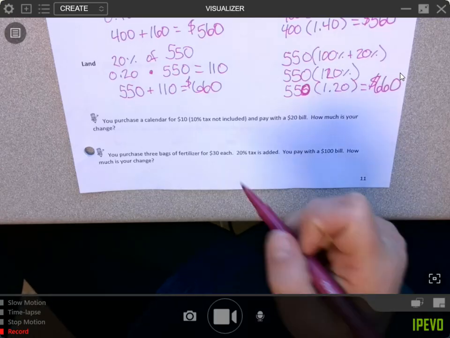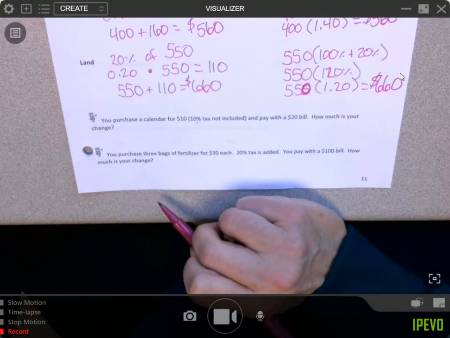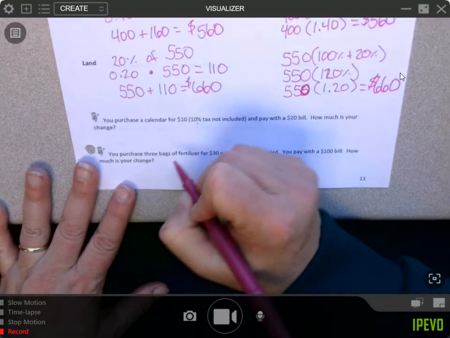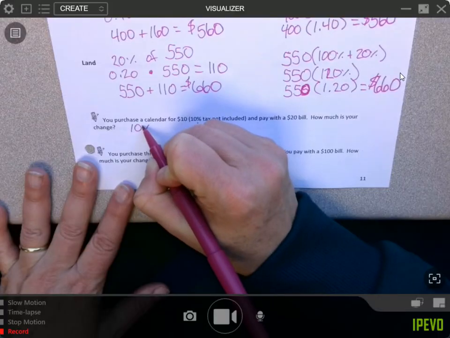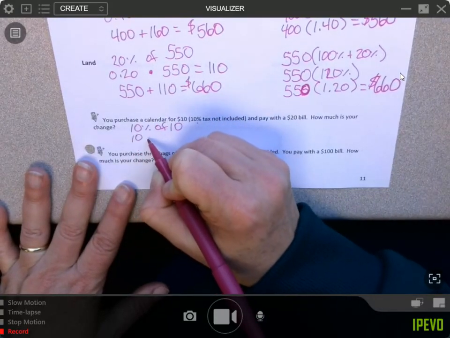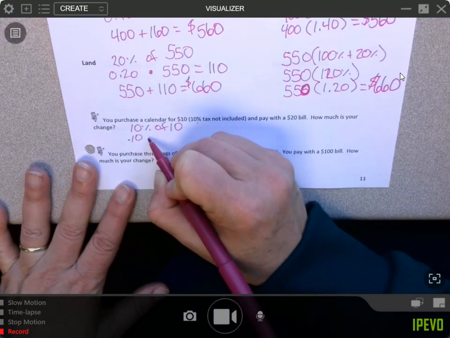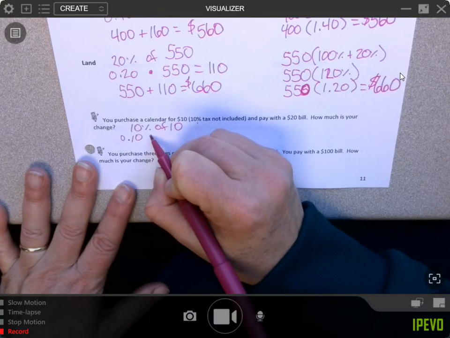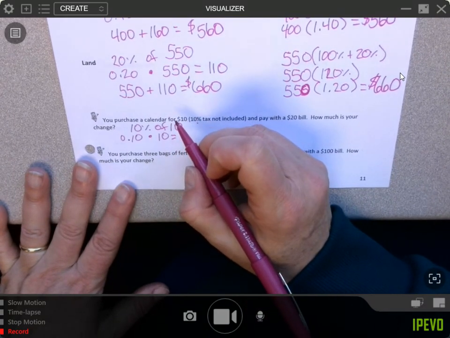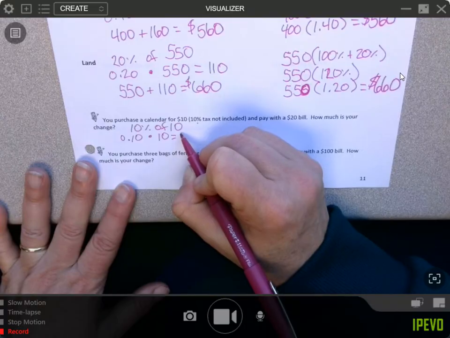So our first thing to figure out is how much that 10% tax is. So how much are we going to pay all together? We could do it either way. 10% of $10, so that would be 0.10 times 10, which would be 1.